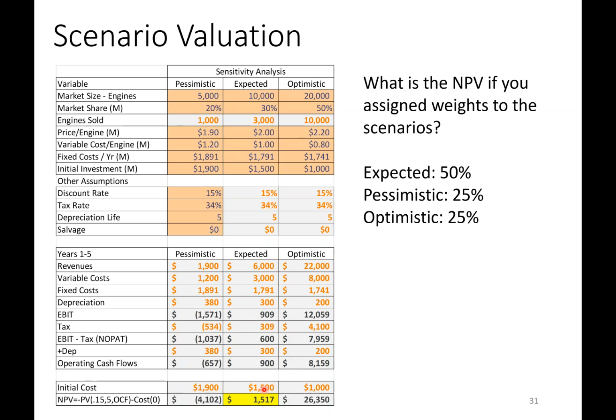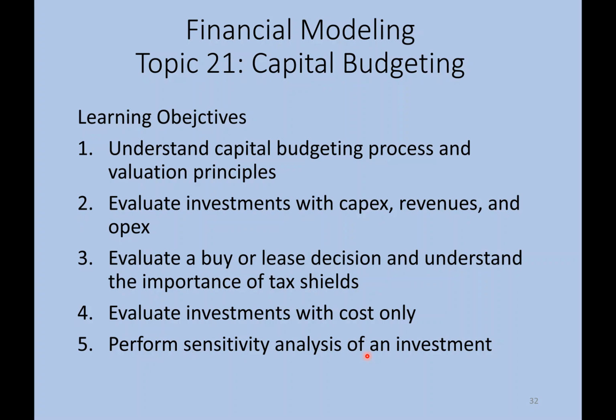I could take 50% of 1517 plus 25% of 26,000 plus 25% of negative 4,000, and that could be my project NPV. So I could just build a little area here with some probabilities and calculate the true NPV of the project, including the scenarios. So in this topic, we'd perform sensitivity analysis of an investment.